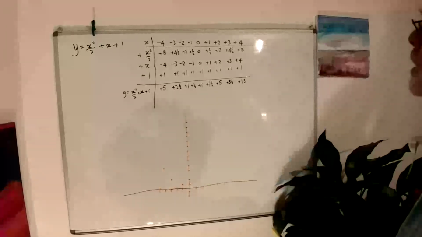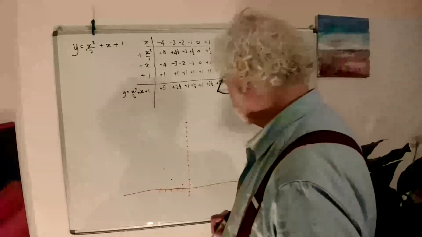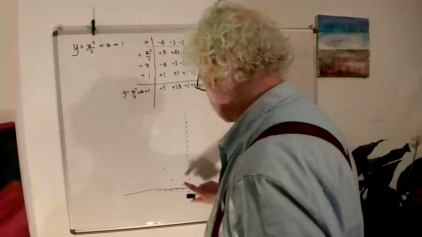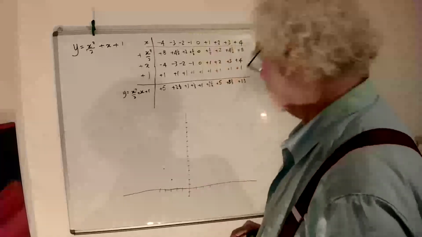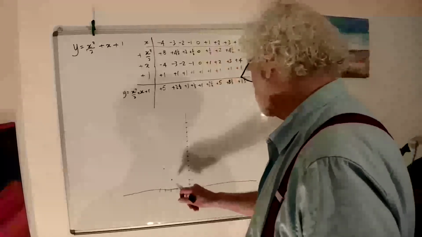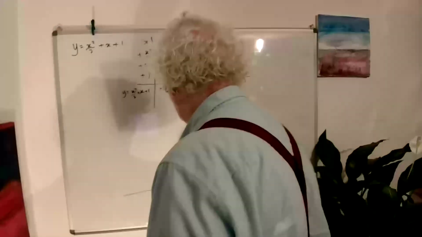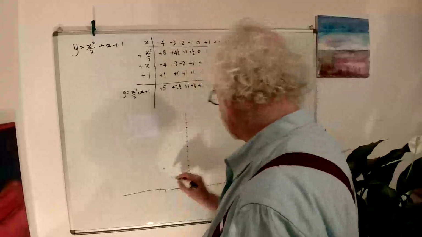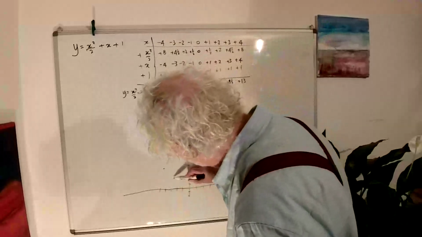Wait a minute, that's wrong. I've gone wrong. When x is equal to minus 3, it's 2.5. Yeah, that's it there.